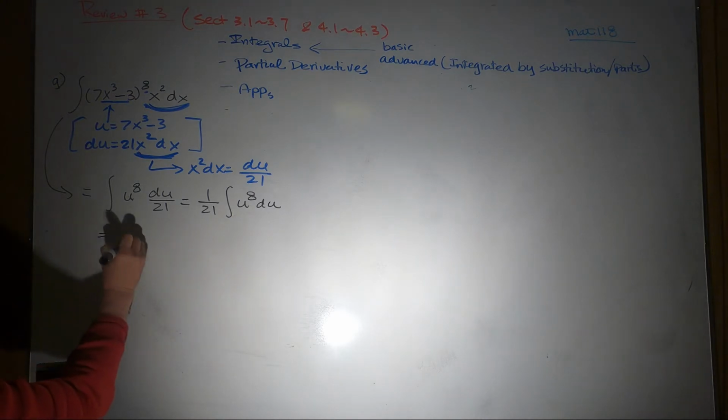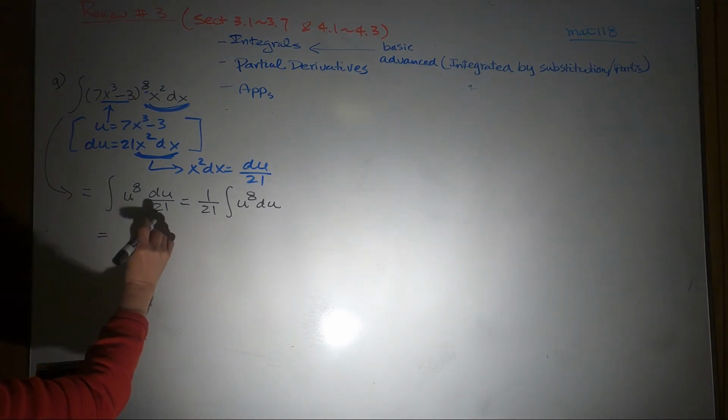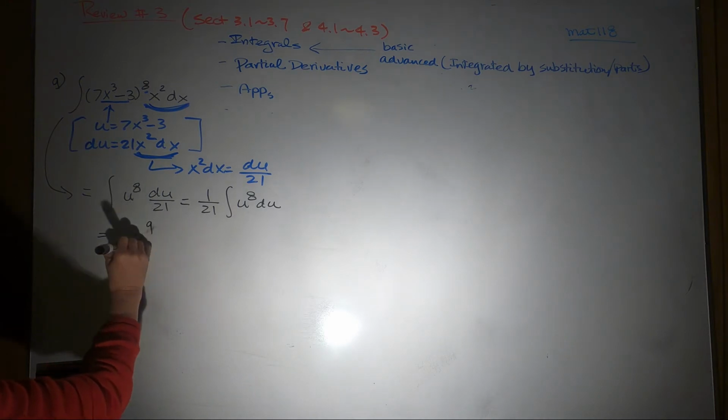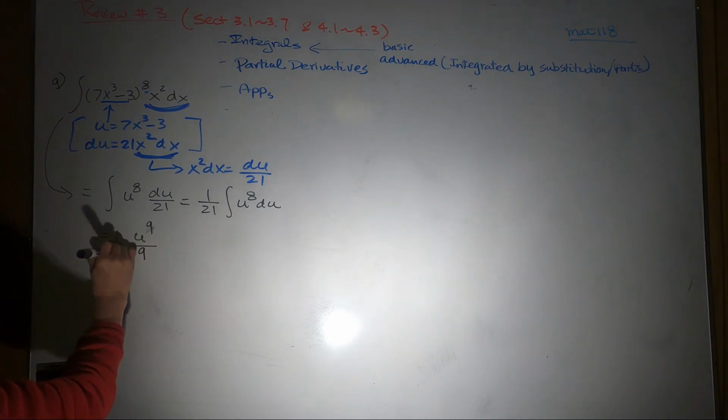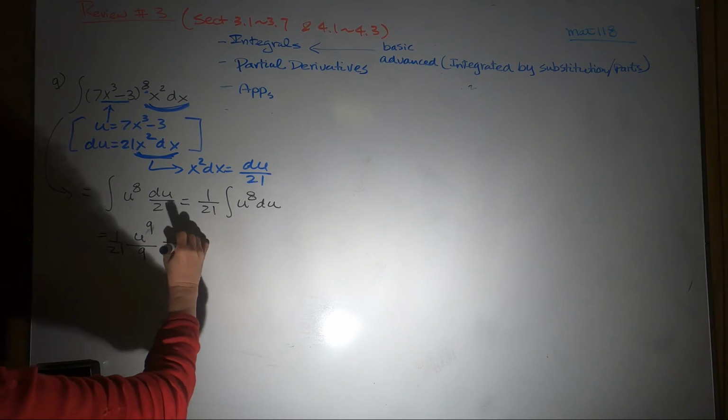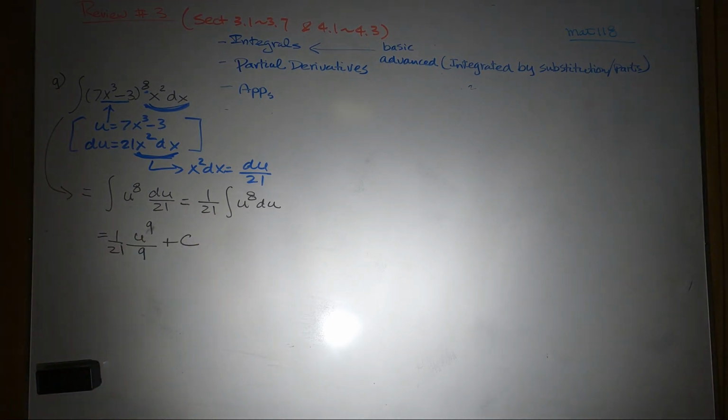So what do we have? We'll have u to the 9th, one level higher, divided by 9, times 1/21, plus c, right? Then you have to put it back.